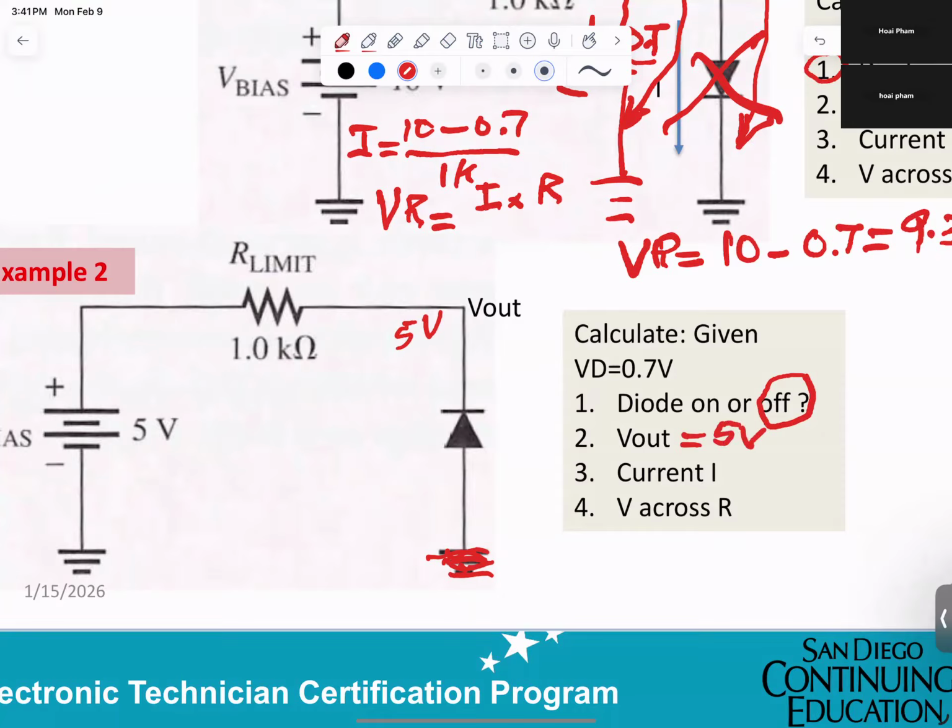Okay. What is current I equal? I here. Maybe 5 divided by... If you're looking into the circuitry, this side 5 volt, the other side 5 volt. What is current I? 0.